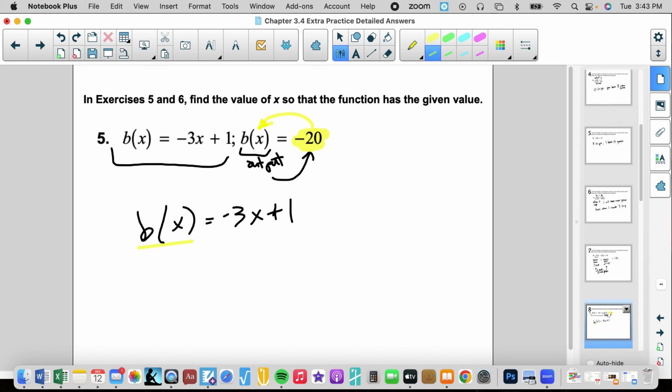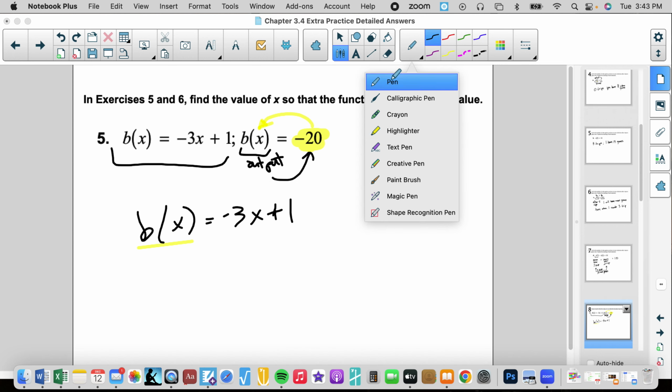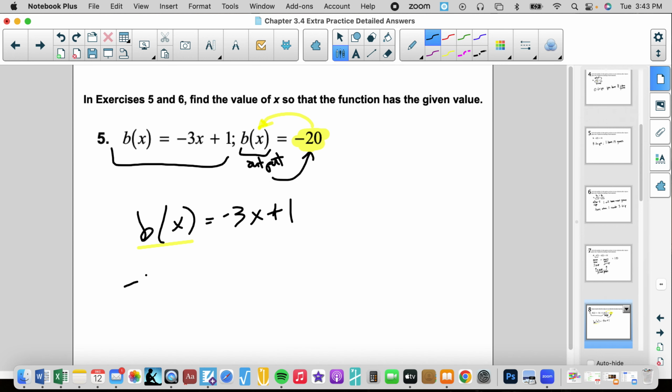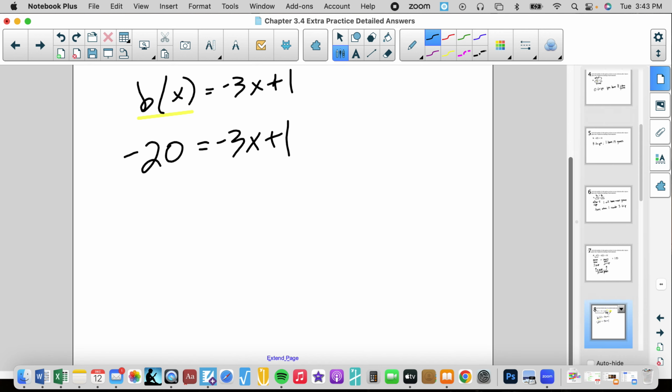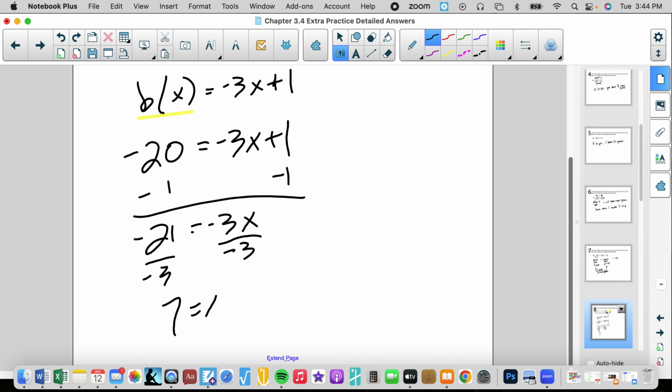So I can plug in -20, because those are the same. So I could write this statement, -20 equals -3x plus 1. And what we love about this is we're left with one variable. So -21 equals -3x, divided by -3, divided by -3. So I'm able to find my input.